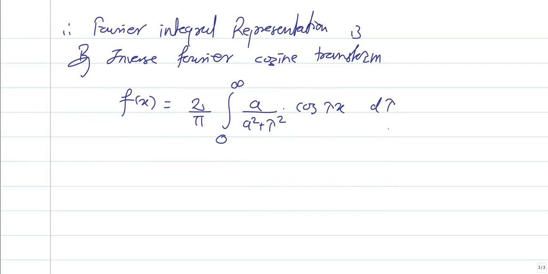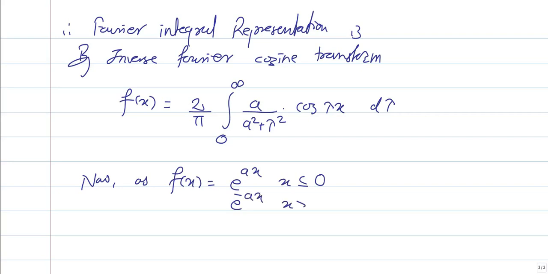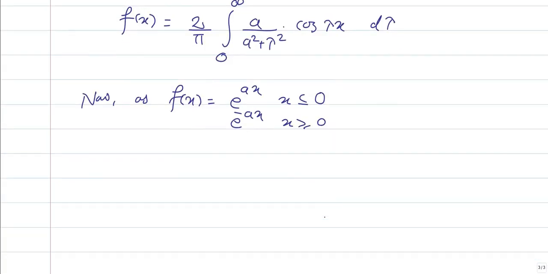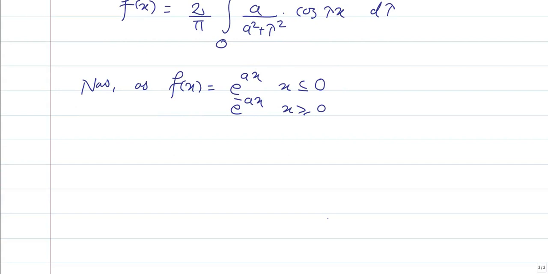Okay, so this is the first part of our example, and the second part is we have to show the equality. Now see, what is f of x? We know the value of f of x. f of x is e raised to ax for x less than or equal to 0 and e raised to minus ax for x greater than or equal to 0, and we have to show that equality for x greater than or equal to 0.